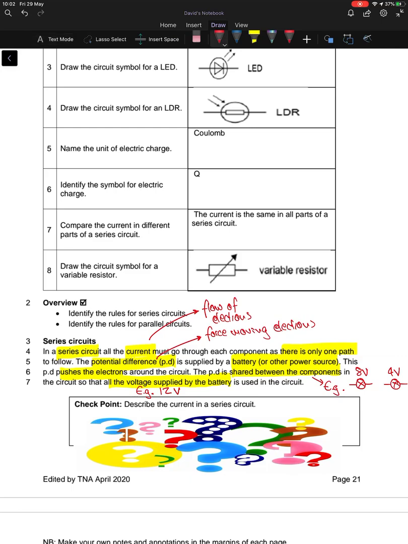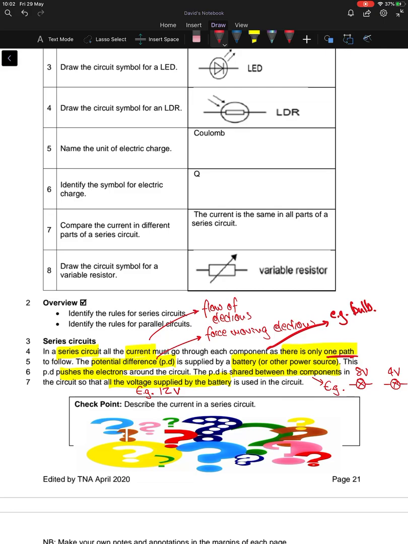So, if you remember, just in terms of the language we need to be familiar with, current is describing the flow of electrons moving past a point per second, so how quickly those electrons are moving, and must go through each component. So components are things in a circuit, e.g. a bulb, just as one example of a component. And there was only one path to follow.